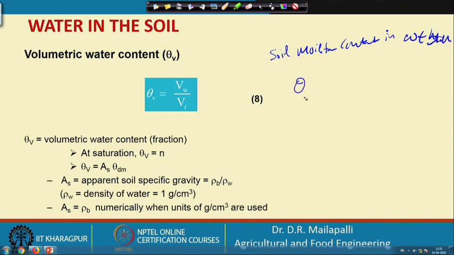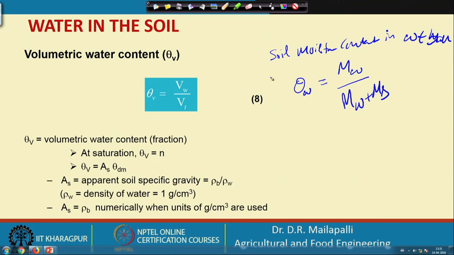So theta in weight basis, wet basis, is equal to W divided by M W plus M S. Okay. So this is soil moisture content in wet basis.